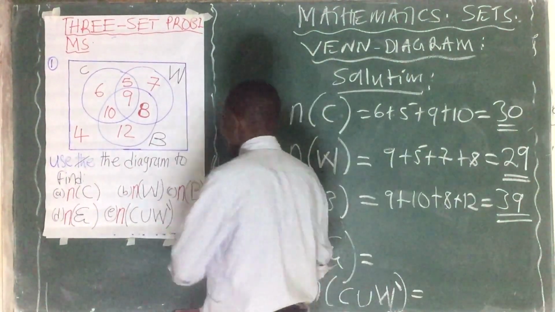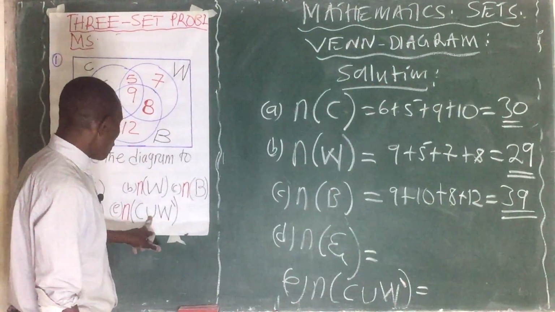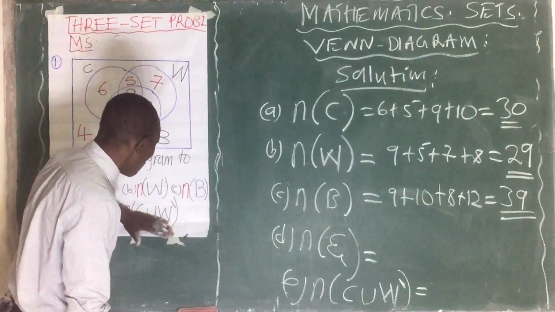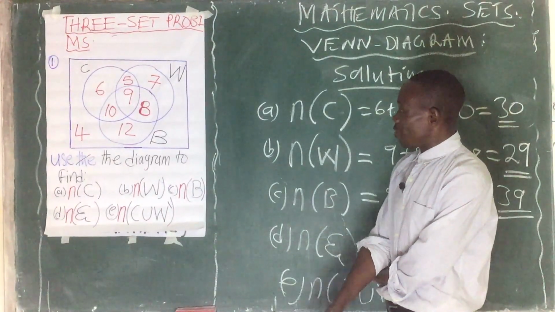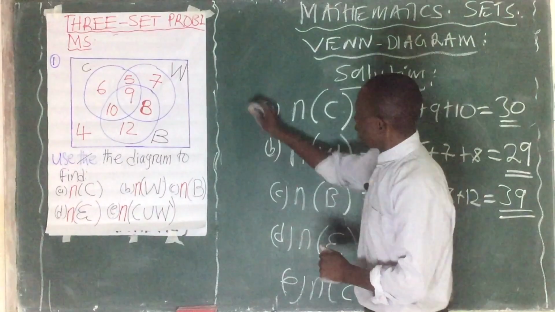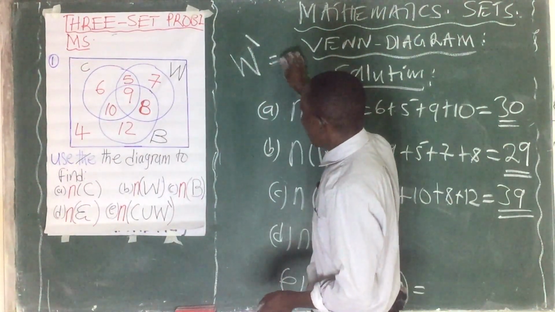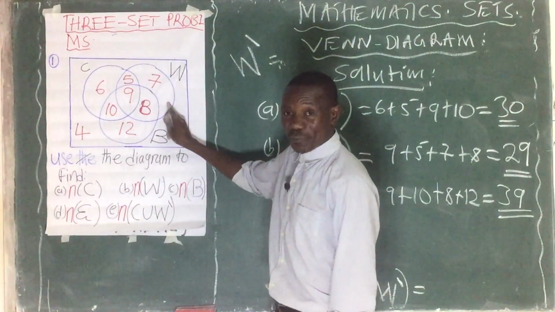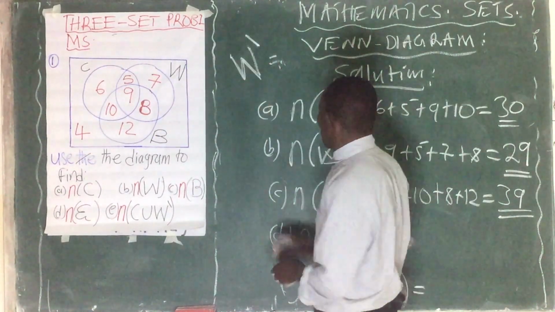And here for E, we have C union W complement. So try again to consider this one. When we say W complement, what are we referring to in this case? Just to give you a guide, we are talking of all elements which are not contained in W. That's what it means here.